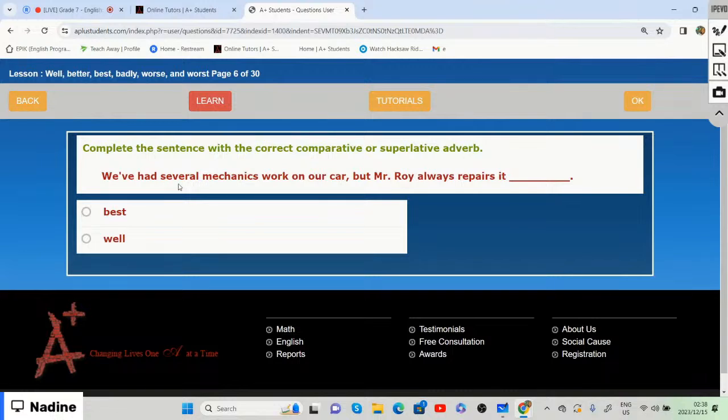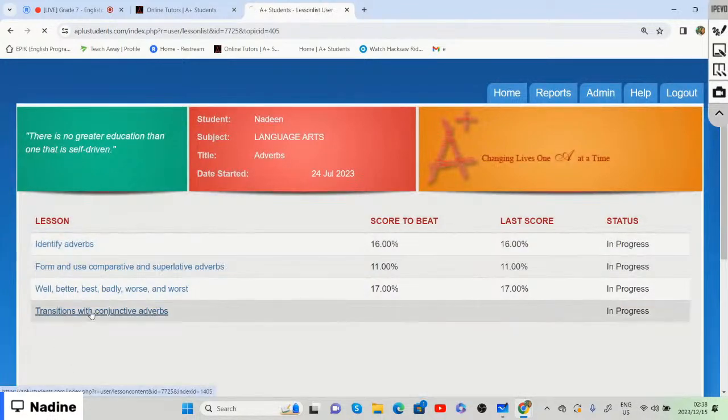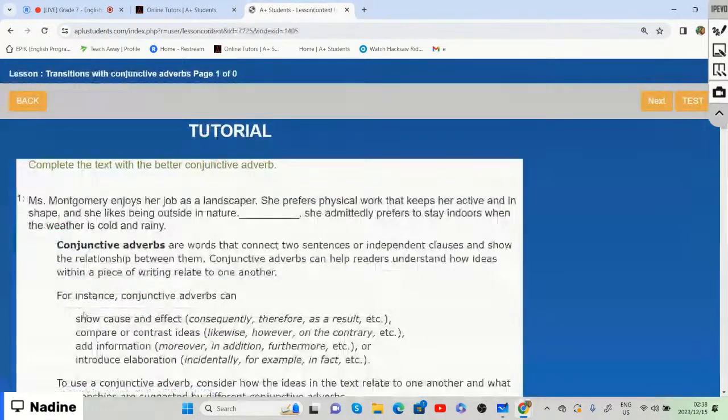Okay, let's go back. And now we're going to the last one, which is transitions with conjunctive adverbs.